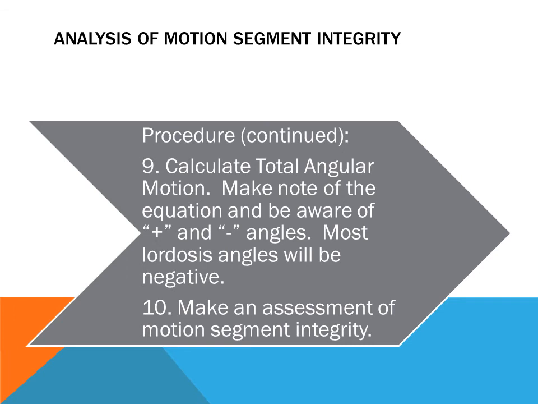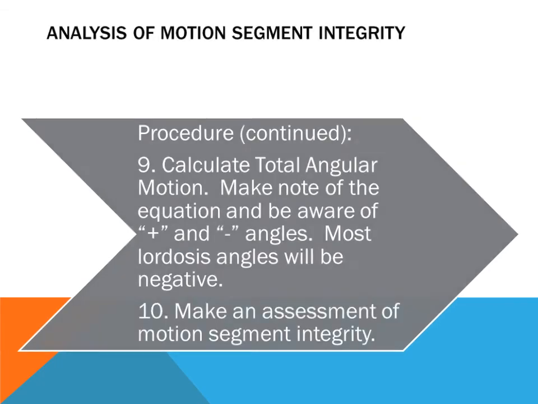So make sure to keep track of your plus and minus signs. Remember that lordosis angles are negative angles. And once you've calculated total angular motion, then you can make an assessment of motion segment integrity.